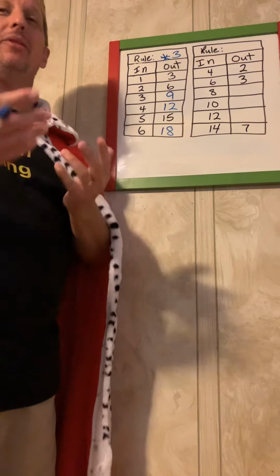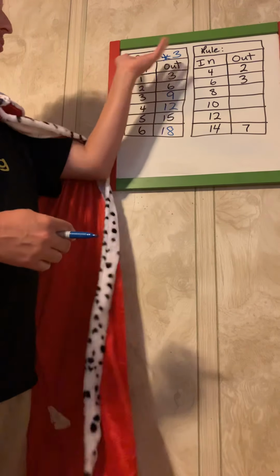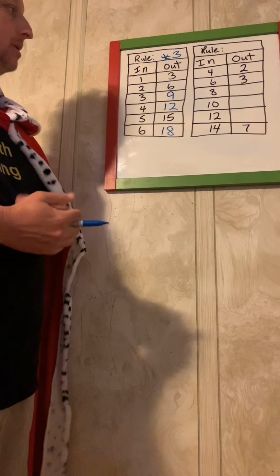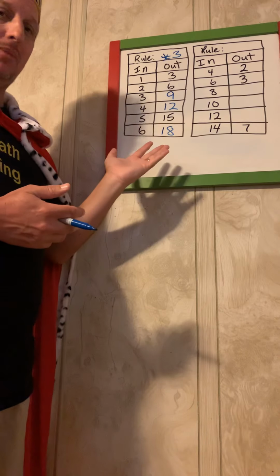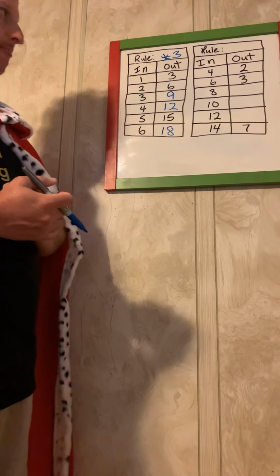Because I'm multiplying by 3, and remember what multiplication is: it's repeated addition. All I'm doing is adding another 3 each time. So this was the in and out table with my rule of multiply by 3, or times 3.